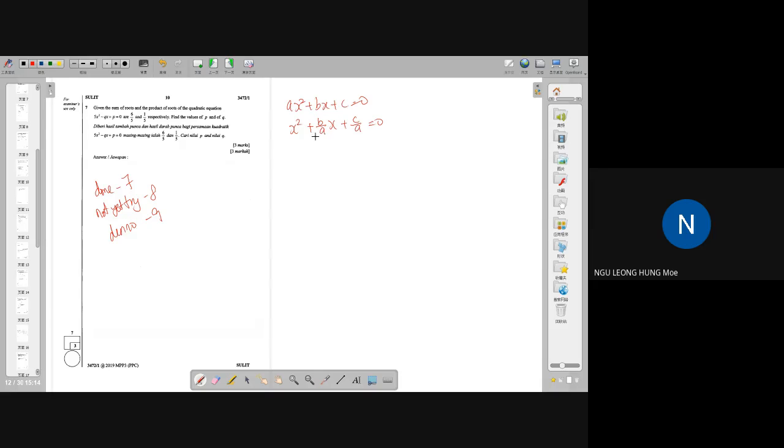The middle one is actually the sum of roots, and the last one is the product of roots, which means normally we use alpha and beta to represent the sum and the product, let's say alpha plus beta and alpha beta, right? That means this one will be x squared minus, this one must be minus.